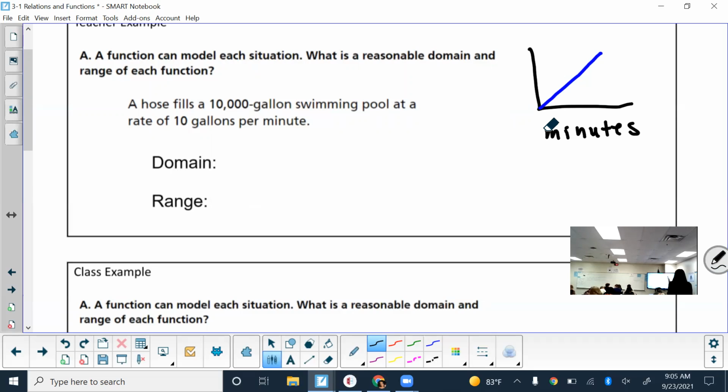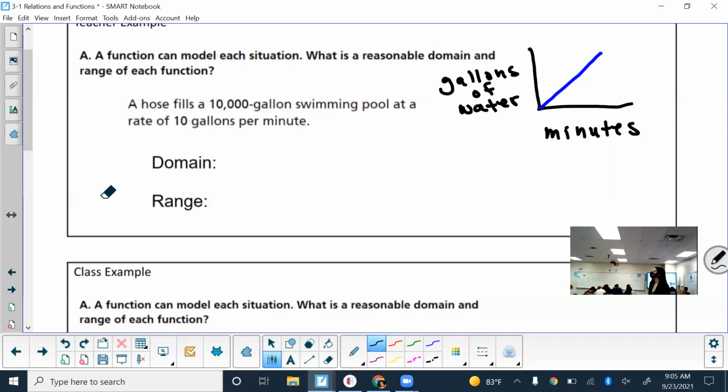Your y-axis depends on your x-axis. So how much water is filled in depends on how many minutes have passed. Does that make sense? Okay. Gallons of water is my y-axis, minutes is my x-axis.